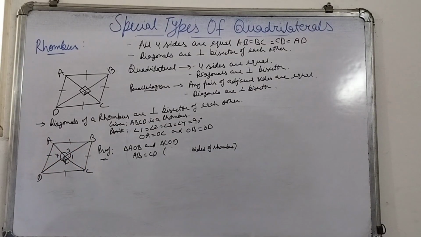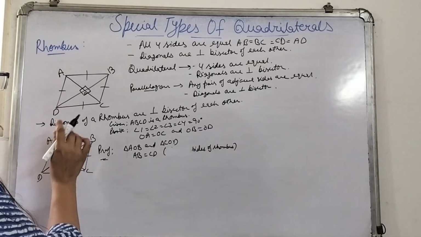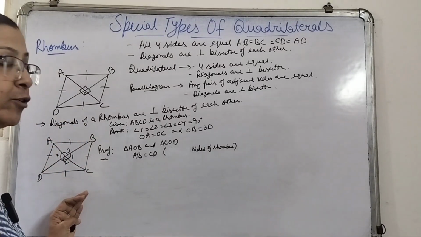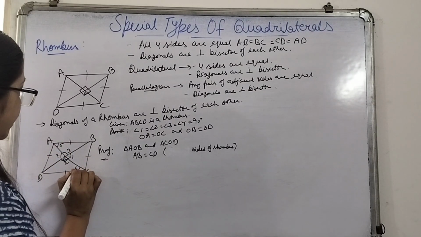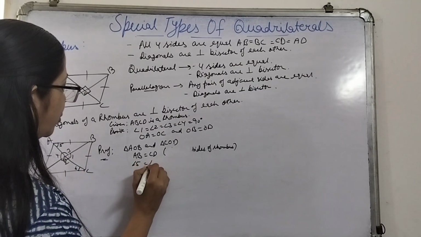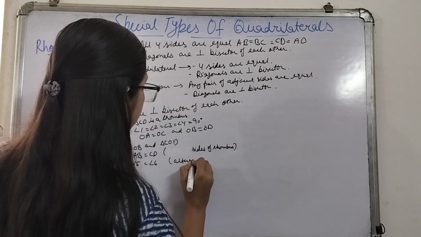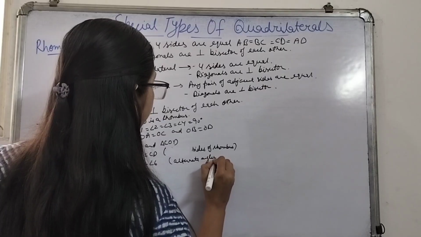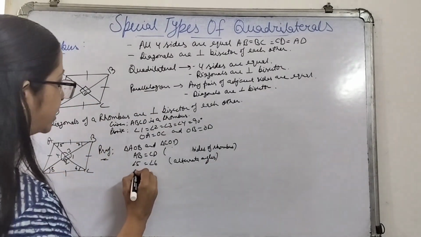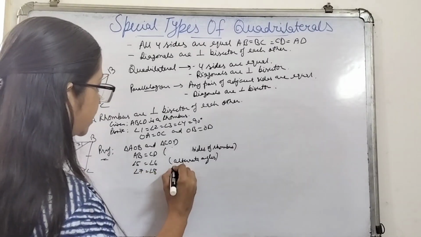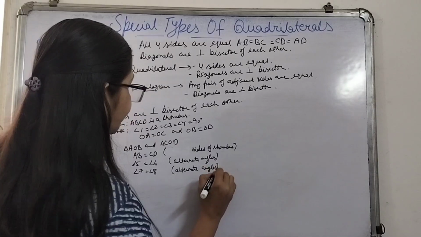Now in these two triangles, opposite sides are parallel, we know, because it is a parallelogram also, as all the properties of a parallelogram will be followed by a rhombus. So this is angle 5, and this is angle 6. Angle 5 will be equivalent to angle 6, the reason being they are alternate angles. Similarly, if this is angle 7 and this is angle 8, angle 7 will be equivalent to angle 8 because they are also alternate angles.